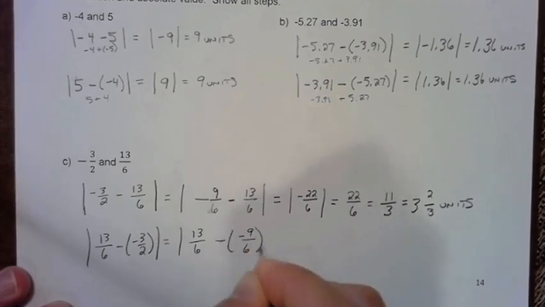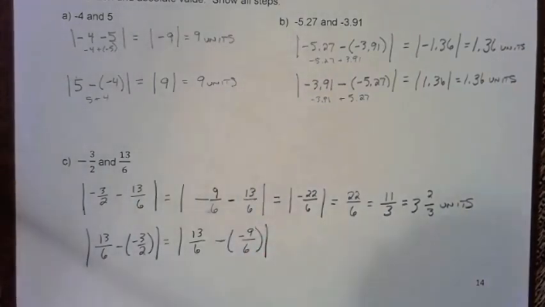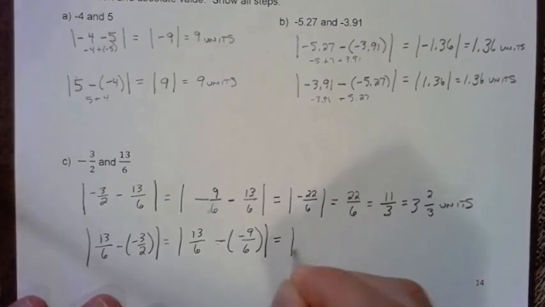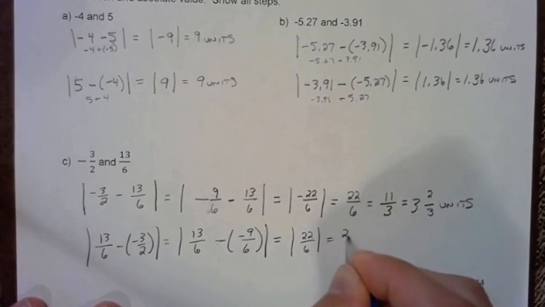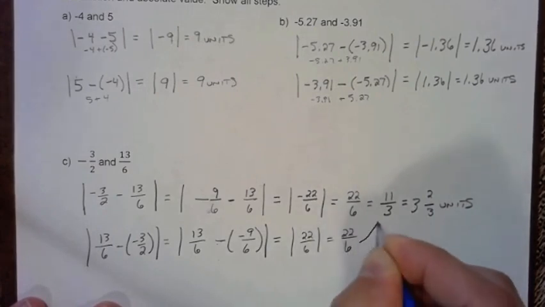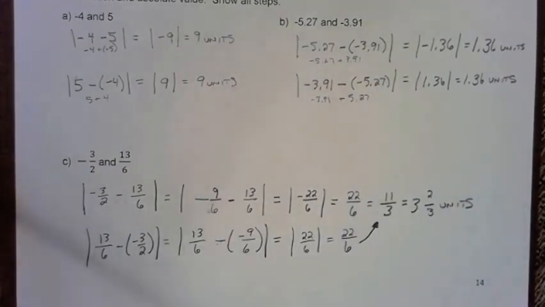And now when I do the subtraction, subtracting -9 sixths is the same as adding +9 sixths. So 13 sixths minus -9 sixths is +22 sixths. And again, when you do the absolute value, you again get 22 sixths, which you can simplify to 11 thirds or 3 and 2/3 units apart on the number line.